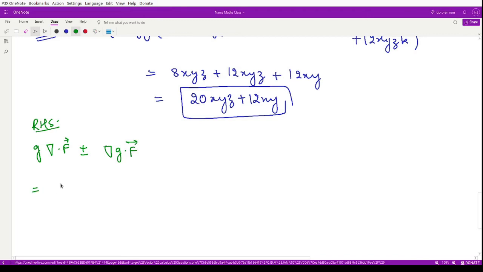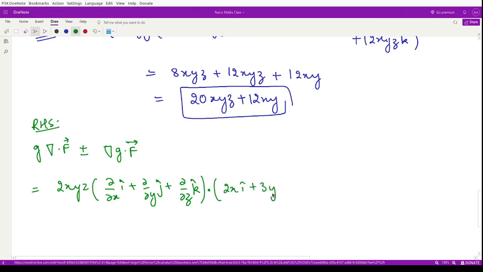So what is g? It is 2xyz. What is vector del? That is del by del x i cap plus del by del y j cap plus del by del z k cap dot with the vector F. Vector F is, what is your vector F? It is 2x i cap plus 3y j cap plus 6k cap, right?